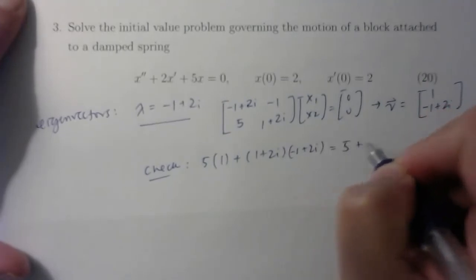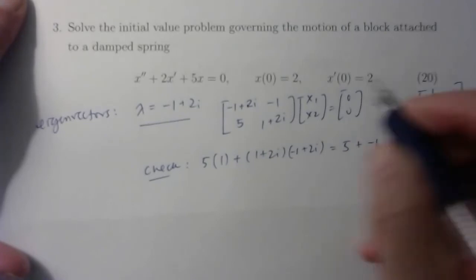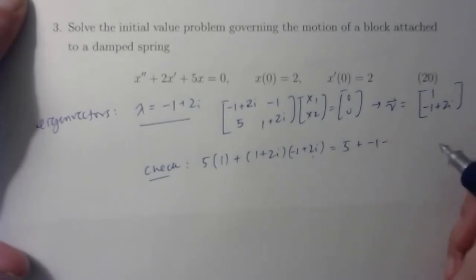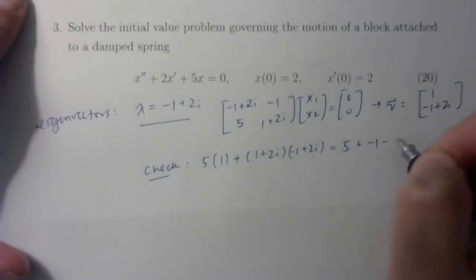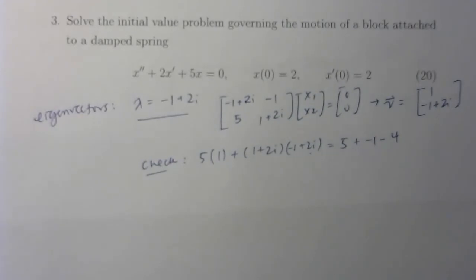So it's 5 plus, -1 minus 4, and then one.